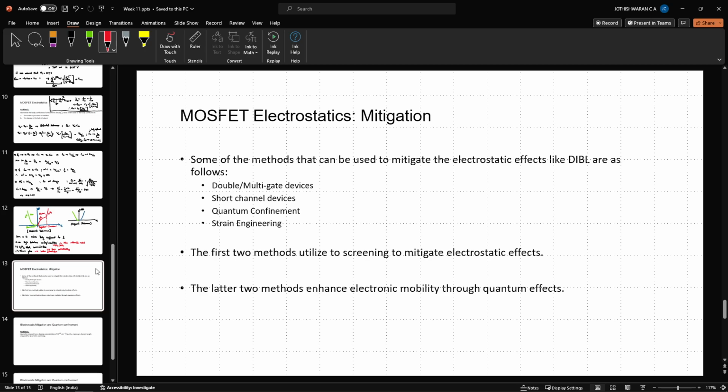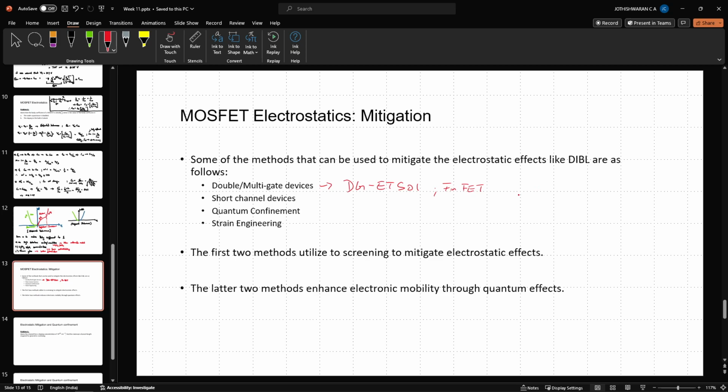The answer is yes. So the first and foremost thing that can be done is we can have double or multi-gate devices. These are devices that are double gate, extremely thin silicon on insulator transistors, or even FinFETs. FinFETs are multi-gate devices because we have a fin structure around.